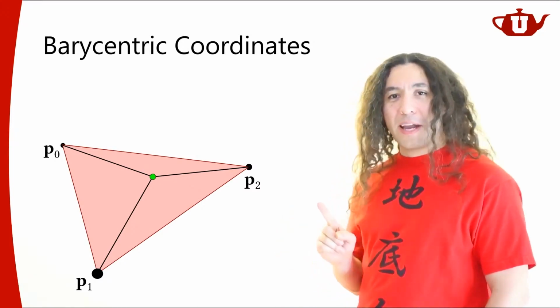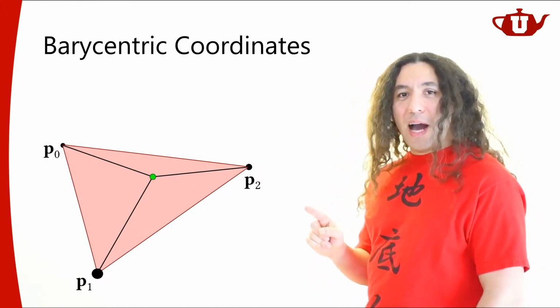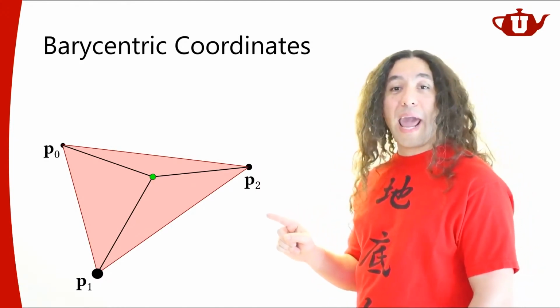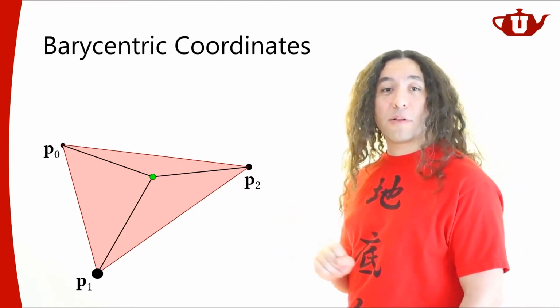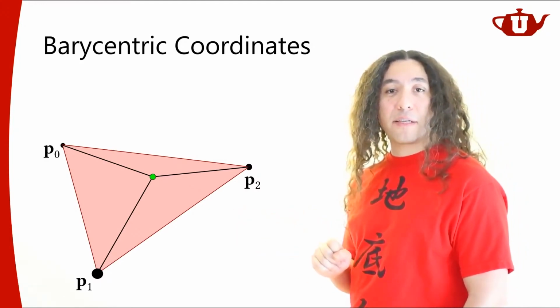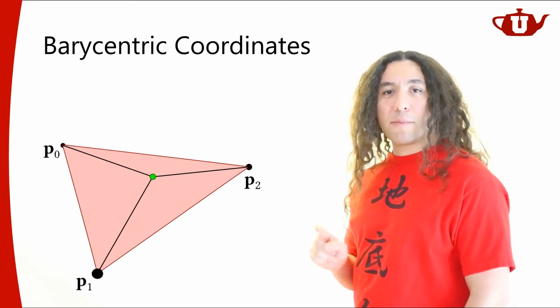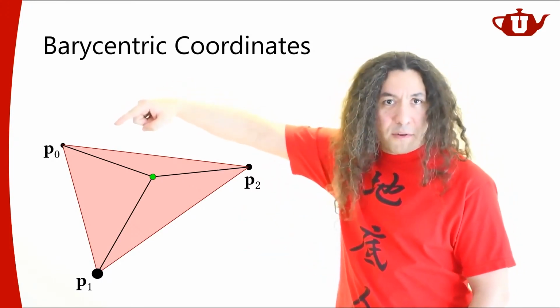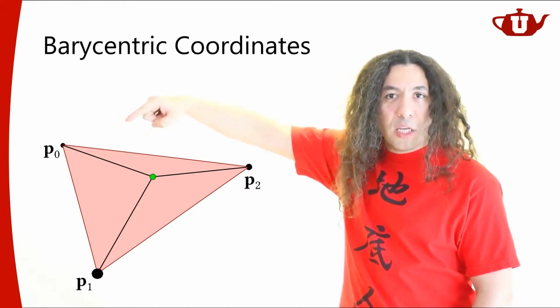Okay? And here's what I'm going to do now. I'm going to compute the areas of these smaller triangles, and I'm going to label them like so. This was my vertex 0, P0.